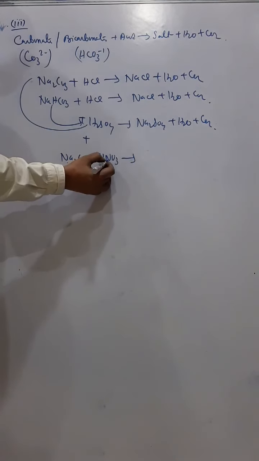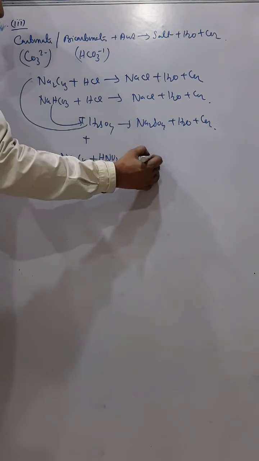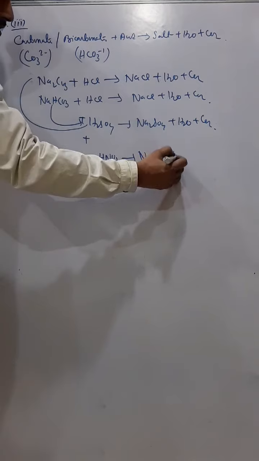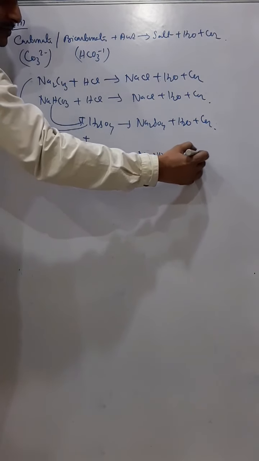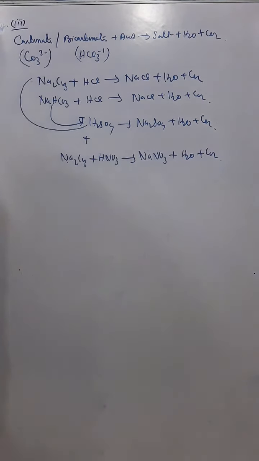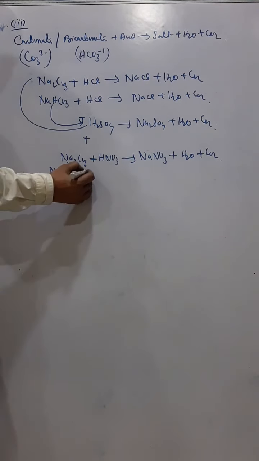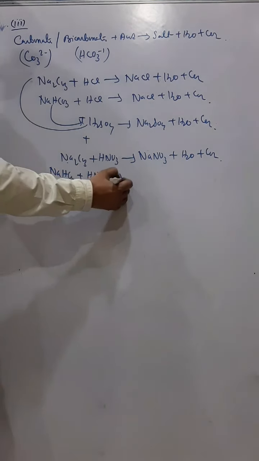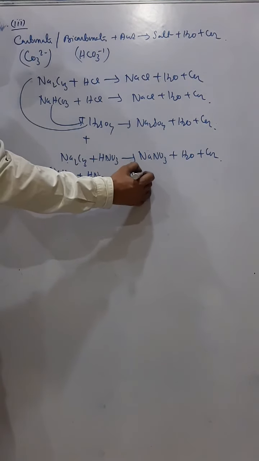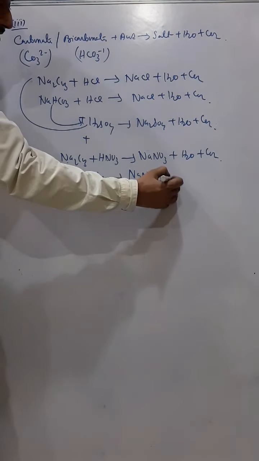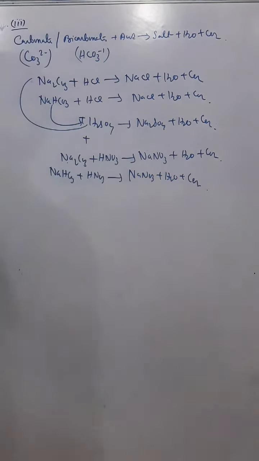So carbonate plus acid will give you a salt. Here you will get sodium nitrate plus water plus carbon dioxide. And similarly NaHCO3 with HNO3 gives NaNO3 plus H2O plus CO2. Okay, so this is the third property.